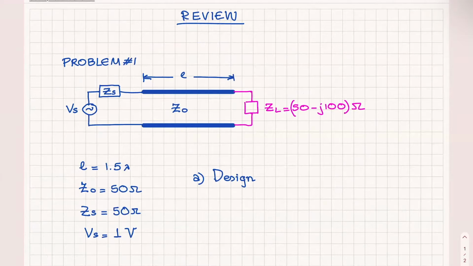In these matching circuit designs, if I give the wavelength in physical lengths, I will give everything in physical lengths. But if I give you a length in wavelengths and do not give you the wavelength, then I will not ask you for results in physical lengths. I will ask you to give me the matching network in wavelengths.